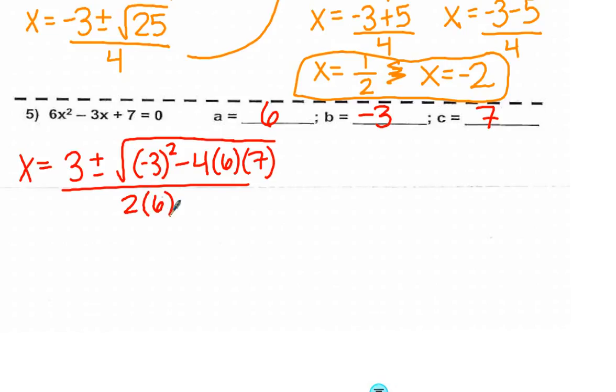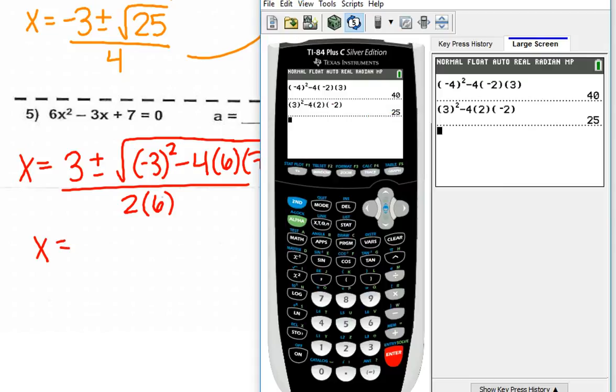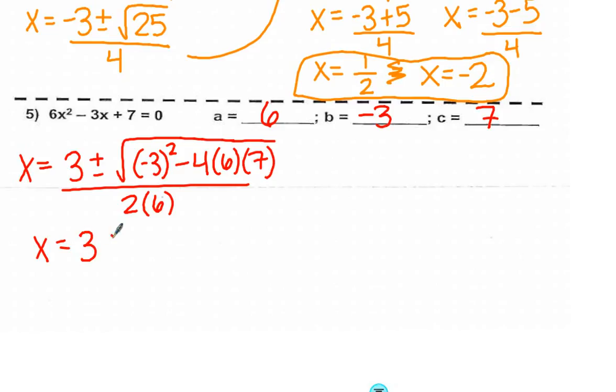All right, so let's go ahead and simplify what we can. Get our calculator. Now I have negative 3 squared minus 4 times 6 times 7. And I get negative 159. Okay, so let's jump back over here. So that means I have 3 plus or minus the square root of negative 159 divided by 2 times 6 is 12.